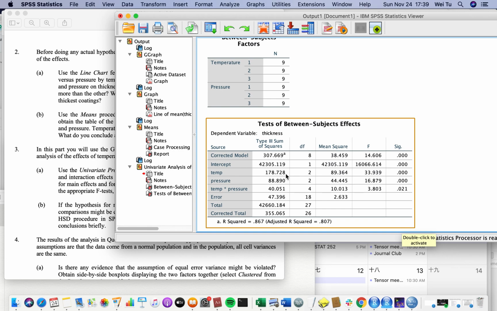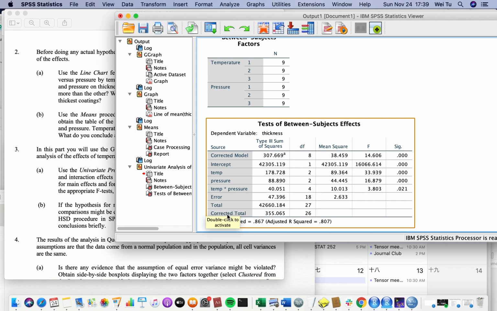And then the intercept plus the corrected model plus the error equals the total. The corrected model plus the error equals the corrected total. So the error here is 18, and as you can see, 8 plus 18 gives us 26.